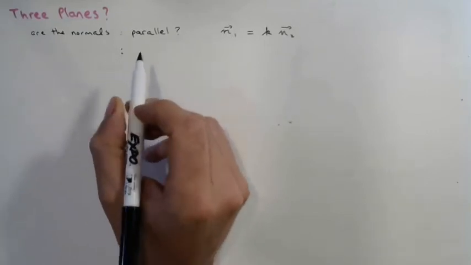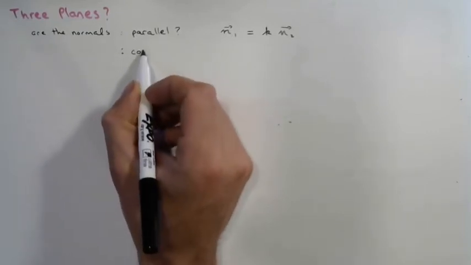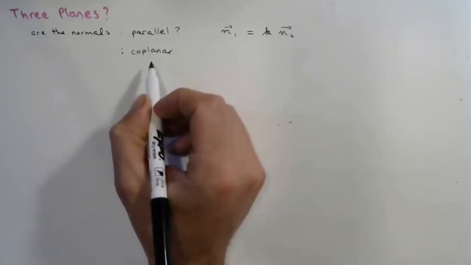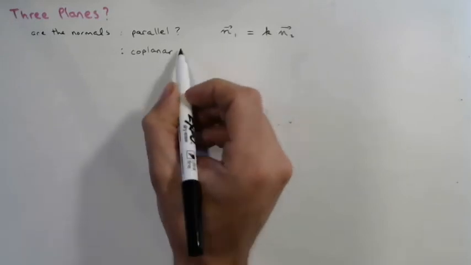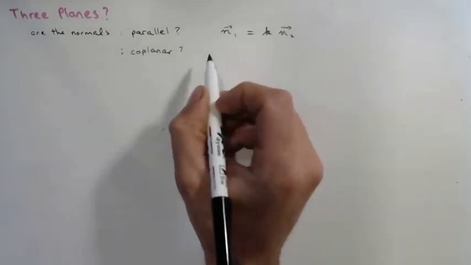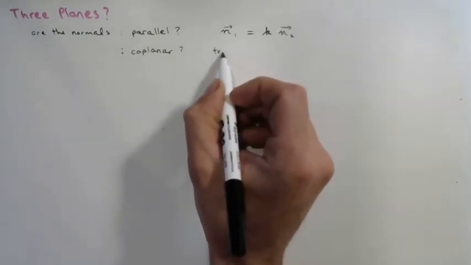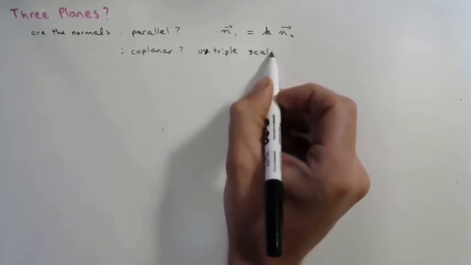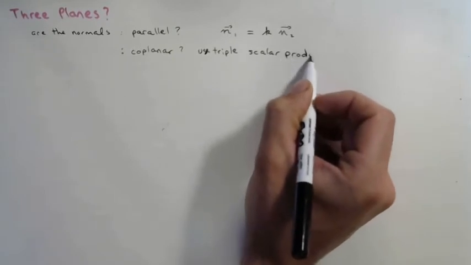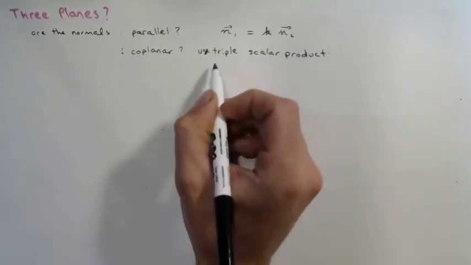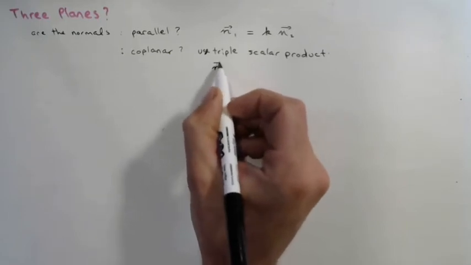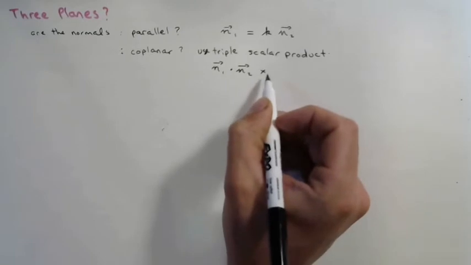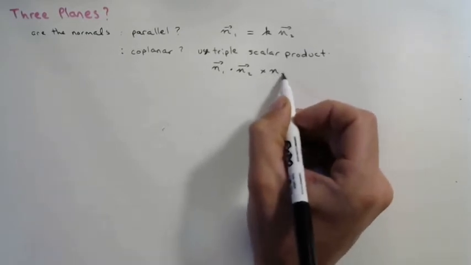Second thing we need to know is, are the normals coplanar? So normals can be parallel and not coplanar. So we need to know if they are coplanar or not. And to do that, we're going to use the triple scalar product. What does that mean? Well, we're going to take the dot product of n1 and the cross product of n2 and n3.